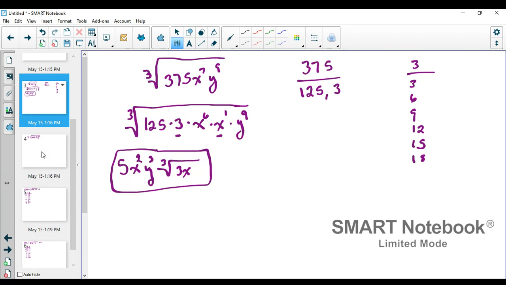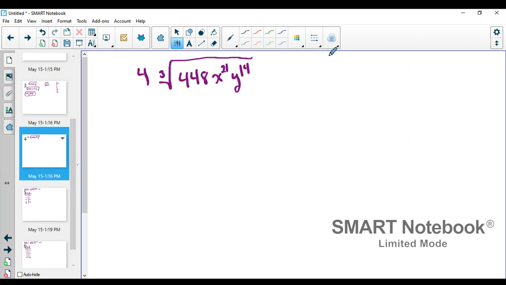All right, so another cube root example. We have 4 times the cube root of 448, x to the 21st, y to the 14th. All right, so the factor of 448 that has a cube root is 64 and 7, because 64 has a cube root.